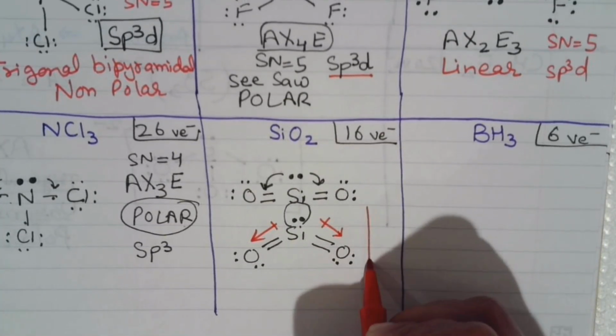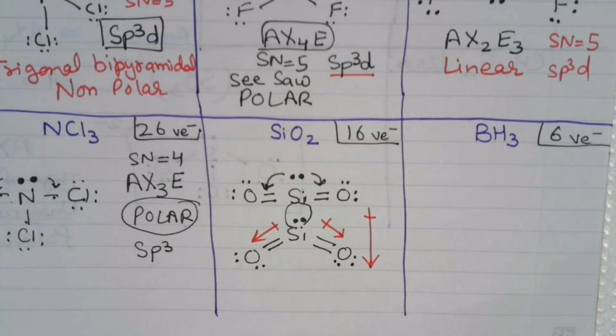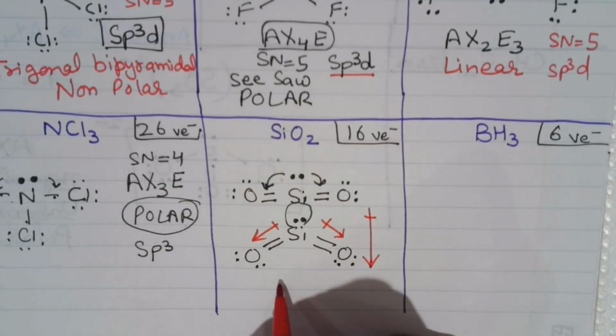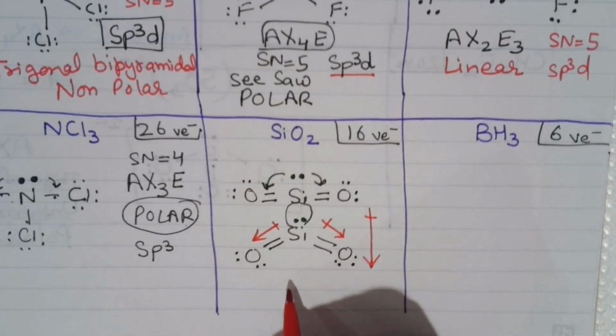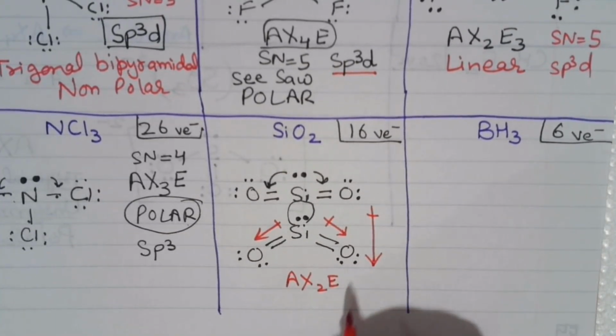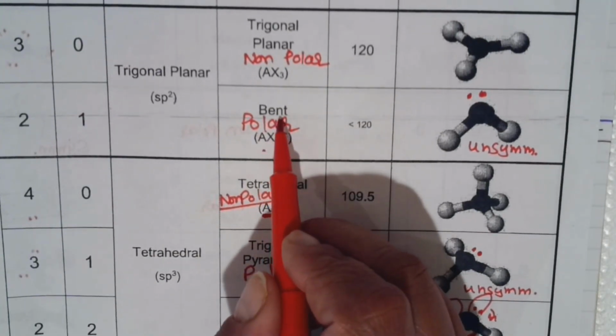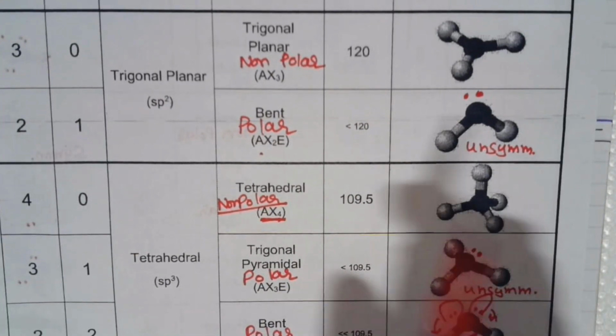So the overall dipole moment is in this direction, towards the 2 oxygens, right? So the AXE formula is AX2E, right? Steric number 3, and AX2E is bent, and this is polar.